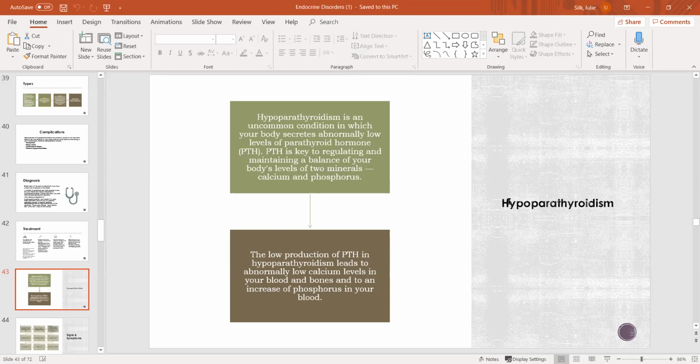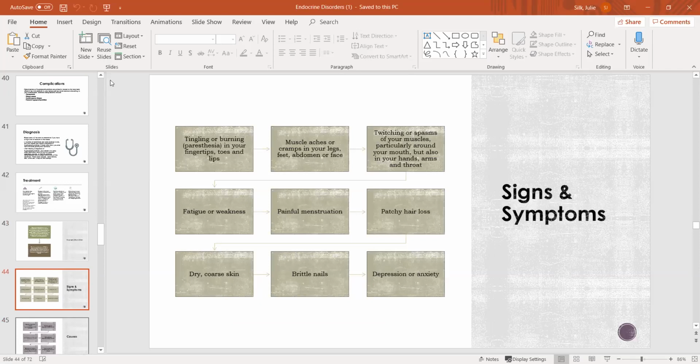Okay, so then with hypoparathyroidism, now we're not producing enough parathyroid hormone. So now we are going to have not enough calcium and too much phosphorus. So it's going to be opposite. So here's some of the things that you might see as signs and symptoms.